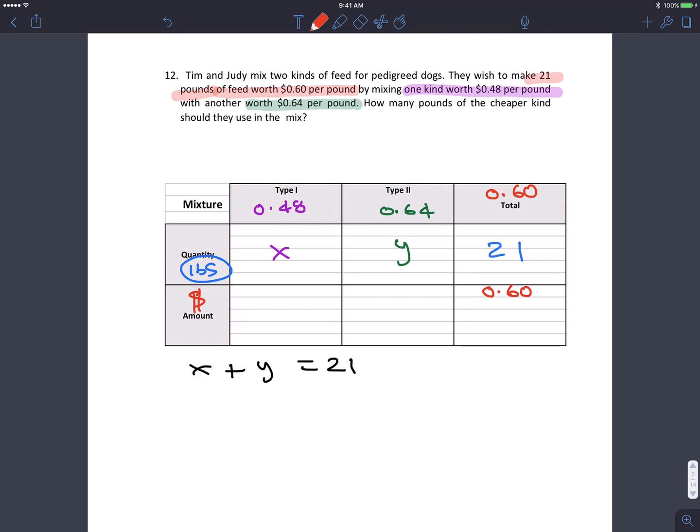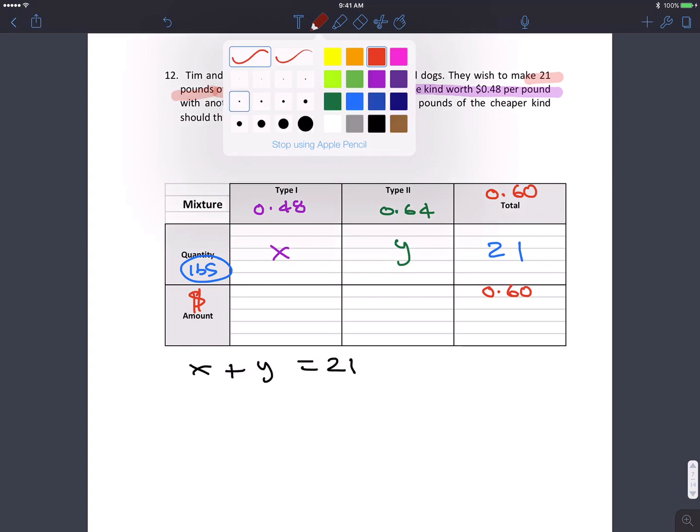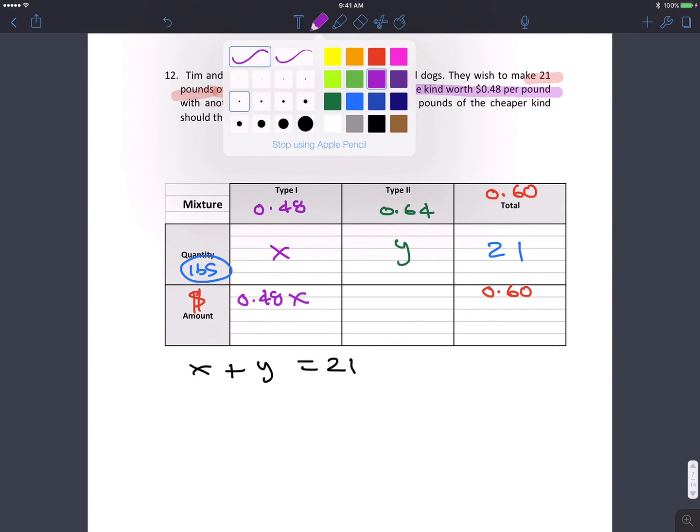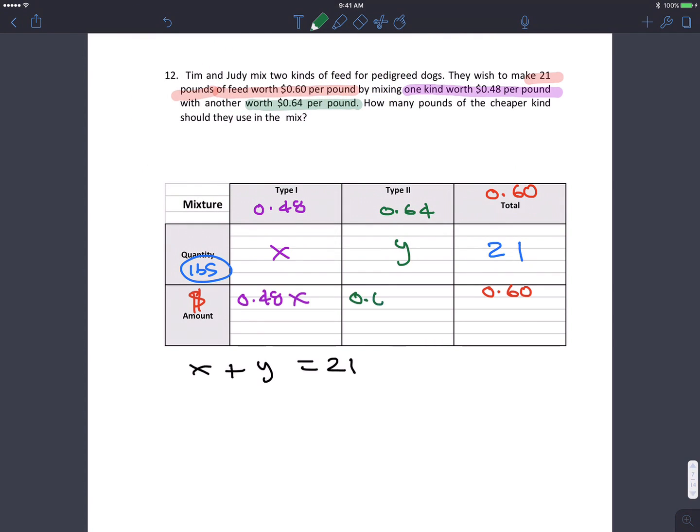At 48 cents a pound, I'm going to take that 48 cents per pound times the number of pounds of type 1. We're going to add it with the 64 cents per pound times the number of pounds of type 2. We don't know what they are. We're calling them X and Y.